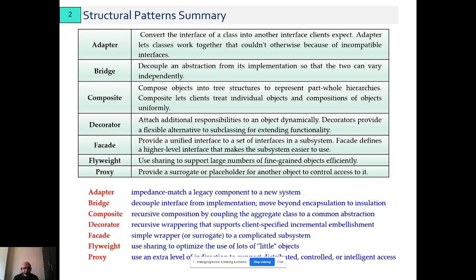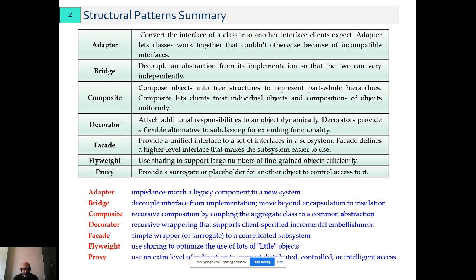We pick up the architectural style which has been indicated in architectural patterns, look into the subsystems, pick up the subsystems and then apply these structural patterns: adapter, bridge, composite, decorator, facade, flyweight and proxy. The abbreviated word for this is ABCD F square P.